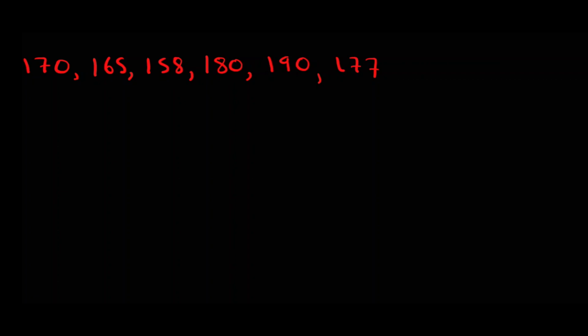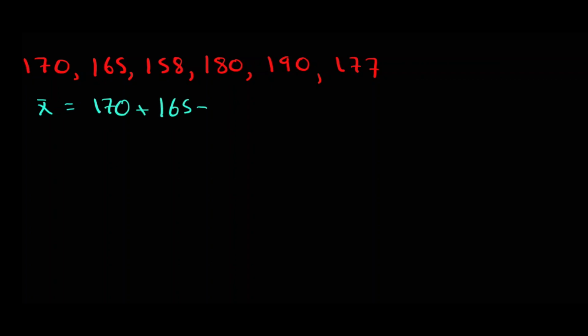Alright, here's another sample of data. Let's say these are the heights in centimeters of 6 students taken from a class of 30 students. Alright, so remember the first thing you should do is work out the sample mean. And that's just going to be the sum of all the data points.